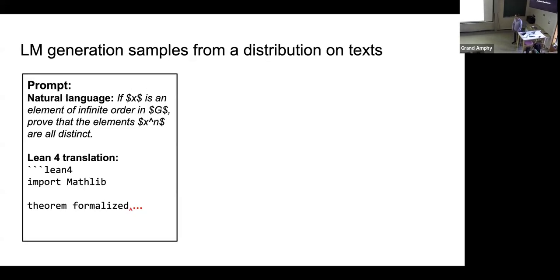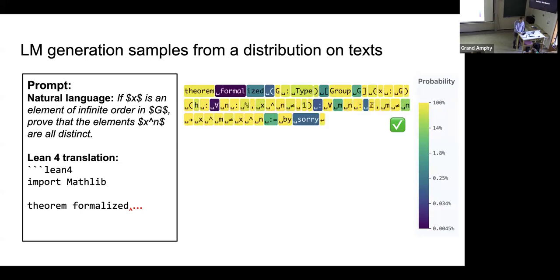Okay, so let's look at how we could go about asking an LLM to formalize the statement. We could have a prompt like this, where we first say natural language statement is what I told you before. And then we say Lean code translation, we start a Lean code block, and then ask the LLM to continue at the end. And I'm also going to show you for each token that the LLM creates the probability color-coded. You might get something like this, which would be ideal.